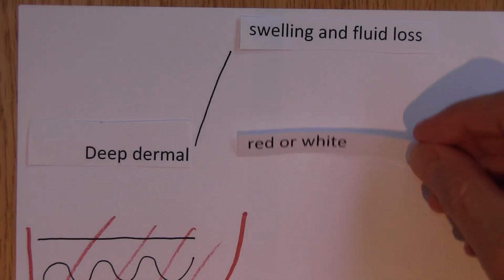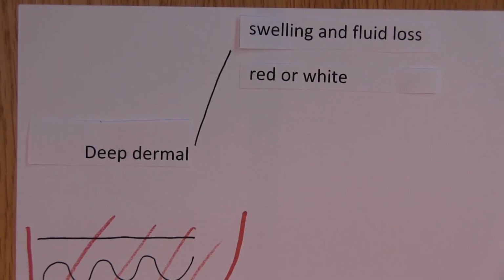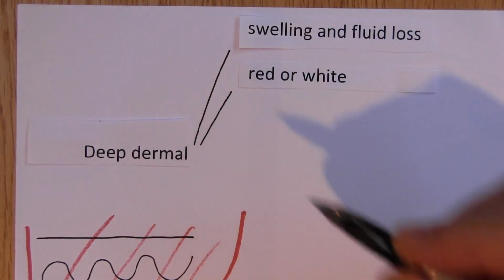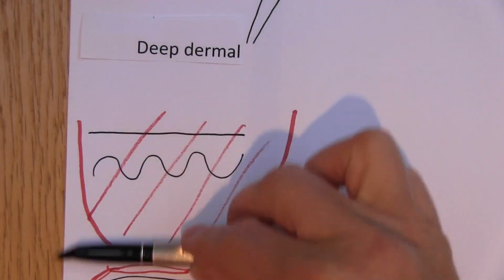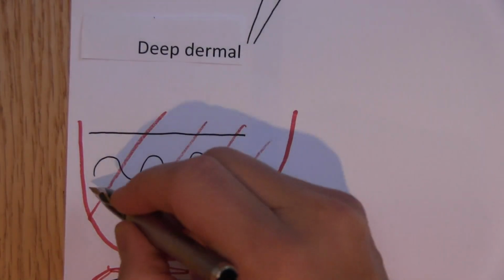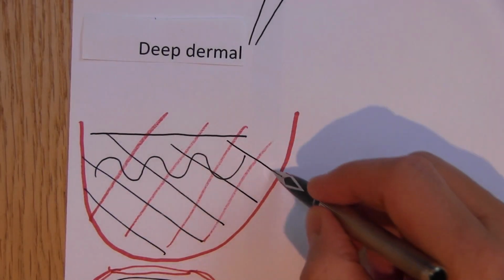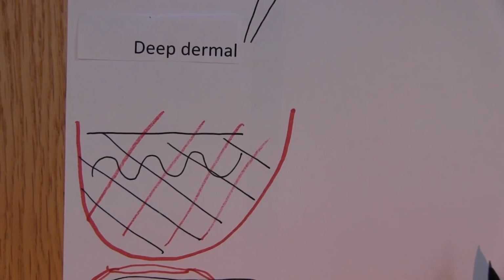Now, appearance-wise, these can be red, but often they're white in colour. And the reason for that is all this tissue on top has been burnt. This is all now dead and devascularised. And the devascularised tissue often appears white.